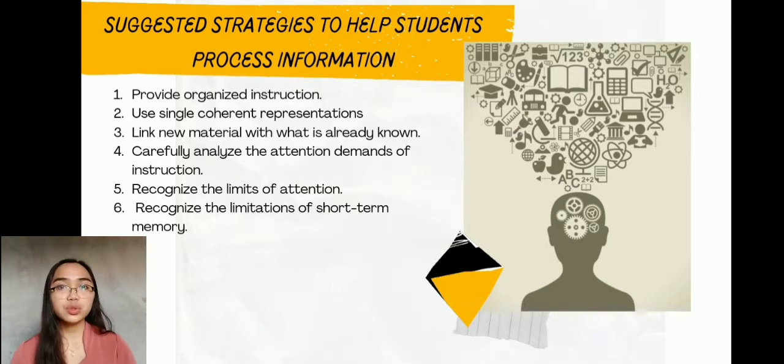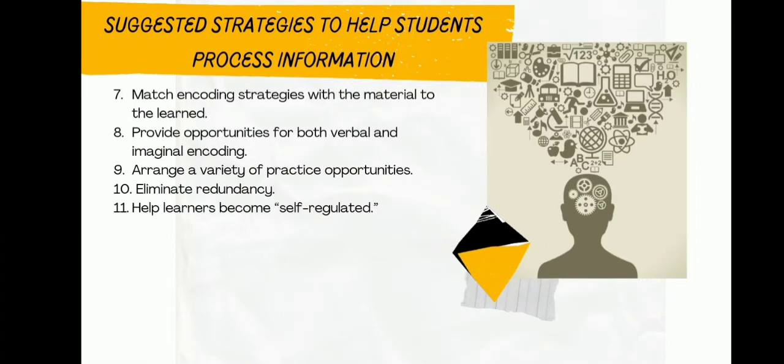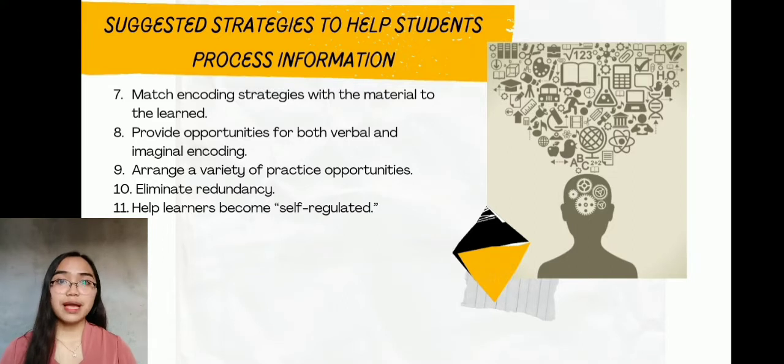Number 7 is that you have to match encoding strategies with the material to be learned. Do not encourage the use of mnemonics unless it is very necessary to memorize the material. When we say encoding strategies, these are the strategies used in placing information to the long-term memory.